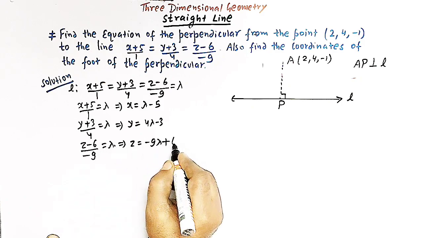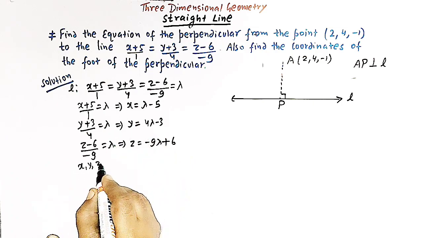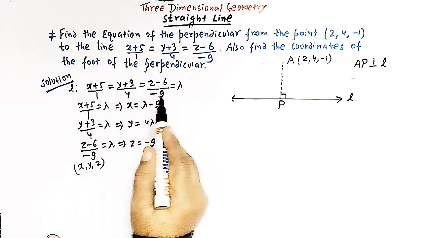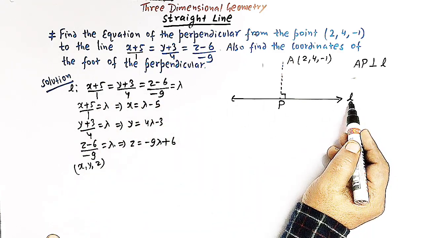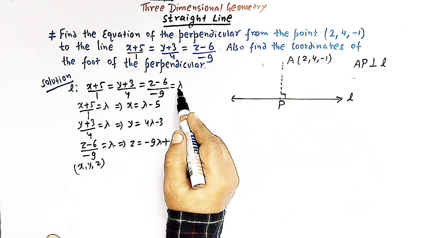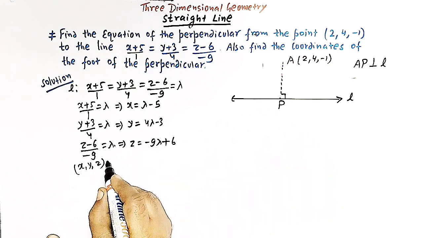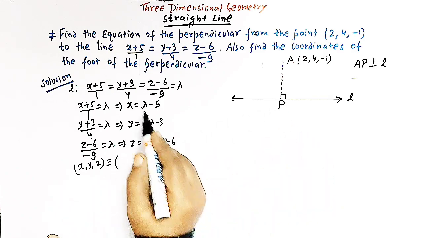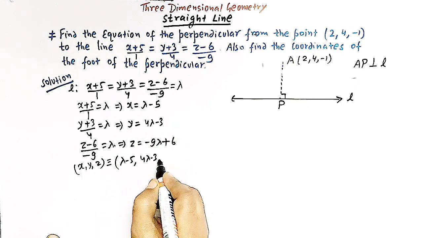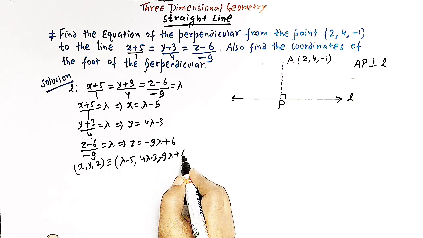So we have the coordinates x, y, z, which are known as the coordinates of the general point on this line L, right? And for some specific value of lambda, we can have the coordinates of this point P. So x, y, z are given by lambda minus 5, 4 lambda minus 3, and minus 9 lambda plus 6.